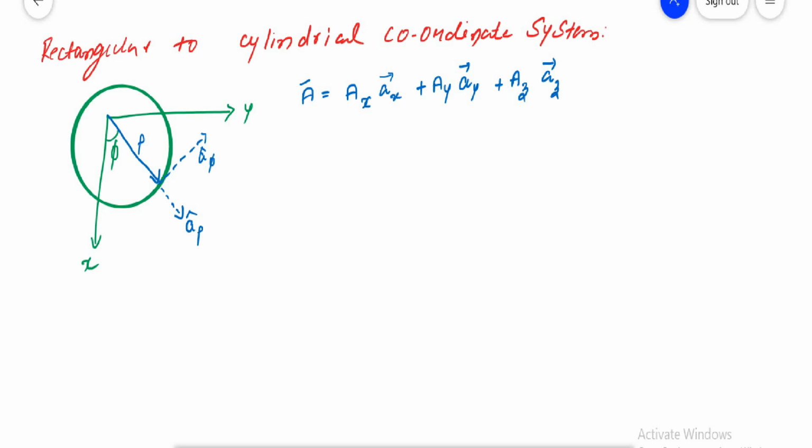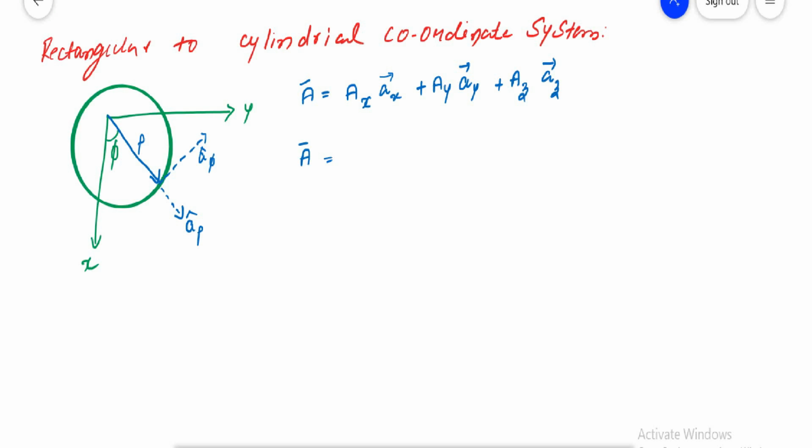AX is the projection of this point in the X direction, and this is the projection of this point in the Y direction.